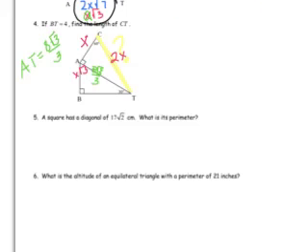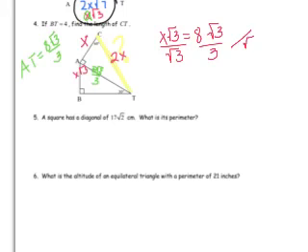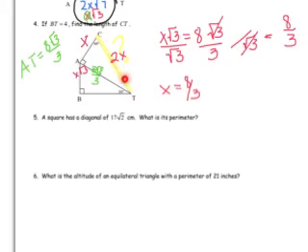So I'm looking at this side right here. So I have x root 3 equals 8 root 3 over 3. Now this looks like it could be really complicated. But if I put this over root 3, what I do on one side, I must do on the other. So put this over root 3. You have a root 3 on top, and we have a root 3 on bottom. So this cancels out to just 8 thirds. So x is equal to 8 thirds. So this is x. Multiply that times 2 for a final answer of 16 thirds.